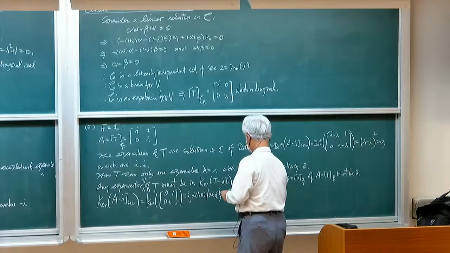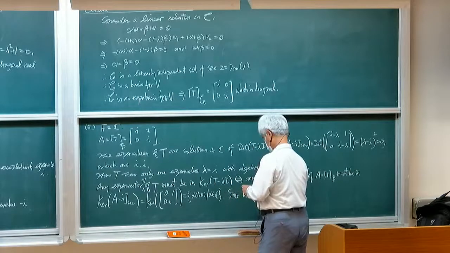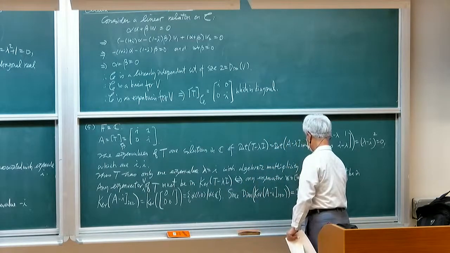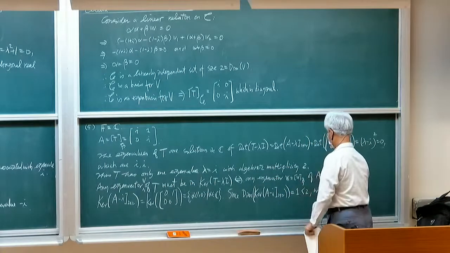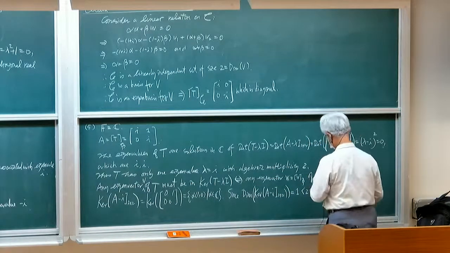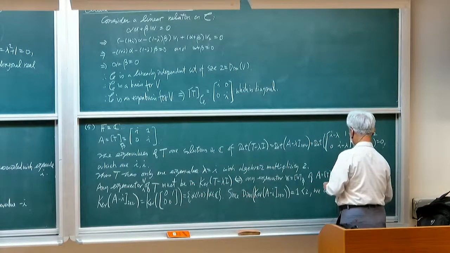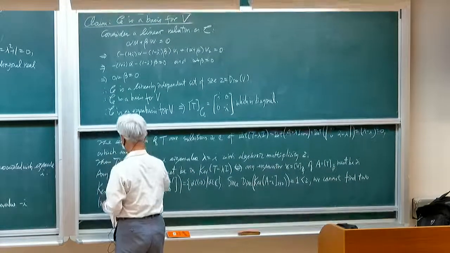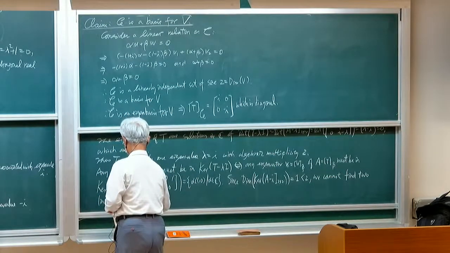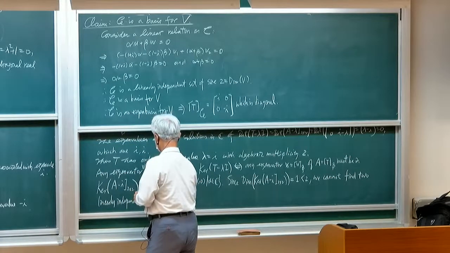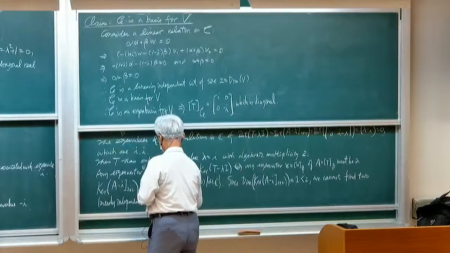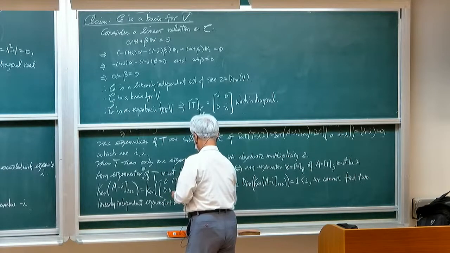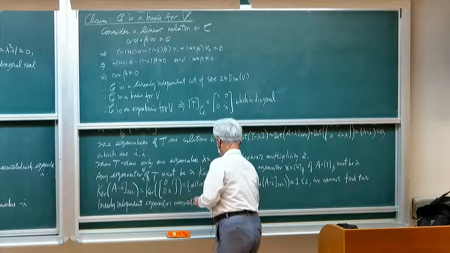Since the dimension of the kernel is 1, which is less than 2, once again we cannot find two linearly independent eigenvectors associated with eigenvalue lambda equal to i.